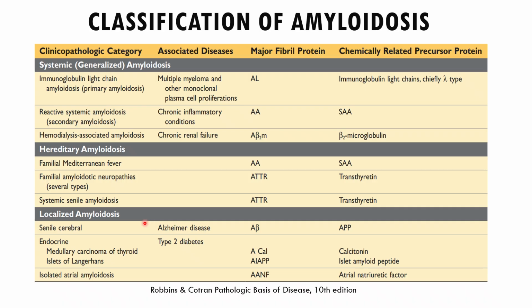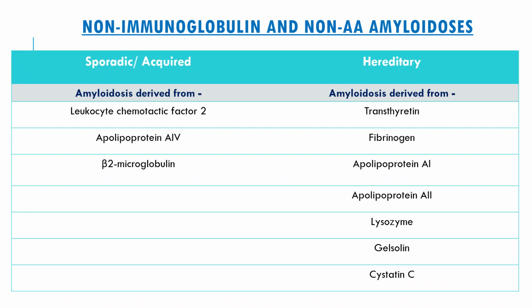The localized amyloidosis can be senile cerebral, endocrine, which can be seen in medullary carcinoma of the thyroid and islets of Langerhans, and isolated atrial amyloidosis. And these are the associated diseases, these are the associated proteins, and these are the precursor proteins. These are some non-immunoglobulin and non-AA amyloidosis, which can be seen in acquired, sporadic or hereditary conditions.